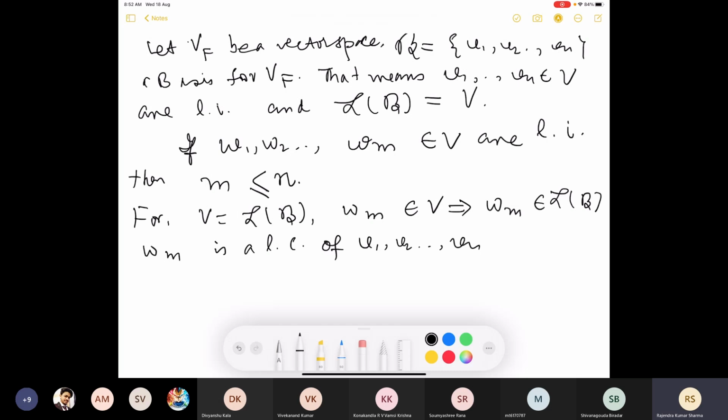And that makes it so that if you take Wm together with these, the vectors are linearly dependent. So the vectors Wm, V1, V2, up to Vn are linearly dependent.